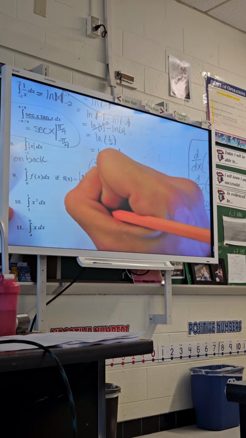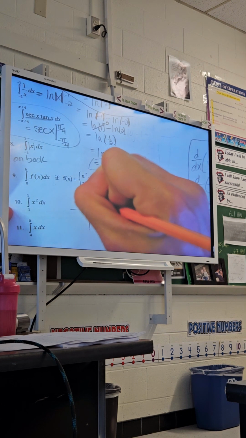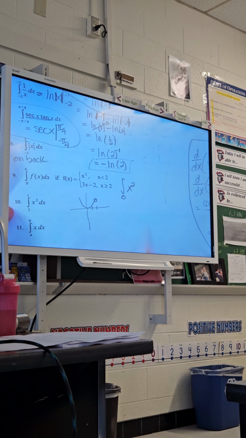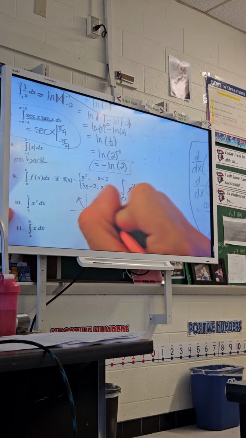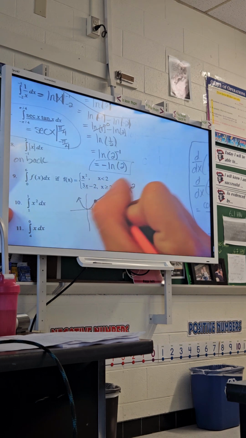So what would happen is you'd have x squared until you get right here, and it would be an open circle. But then this function will end up picking up right at x equals 2, because when x equals 2, you get 4, the same thing that I got right here. 2 squared is 4, and right here this will be 6 minus 2, which is also 4. So you end up filling this in and going off as a line.